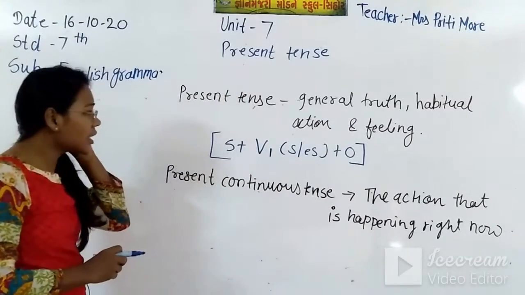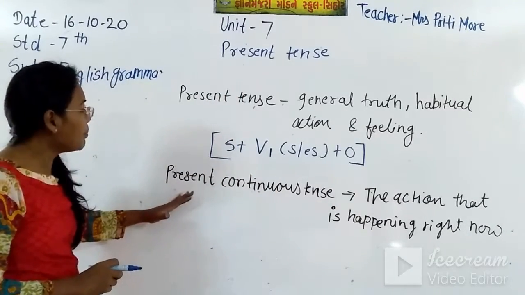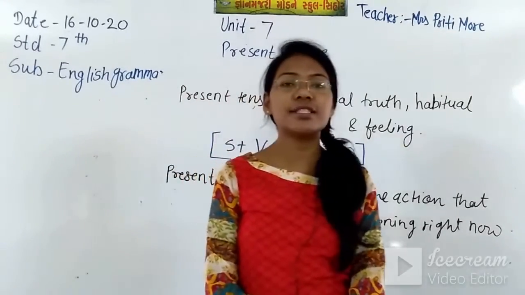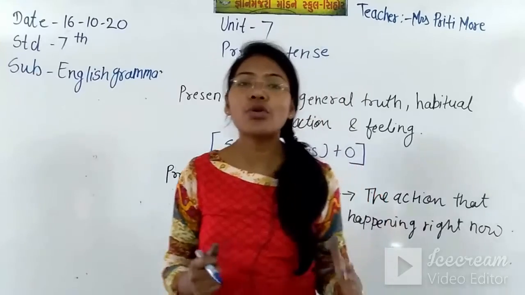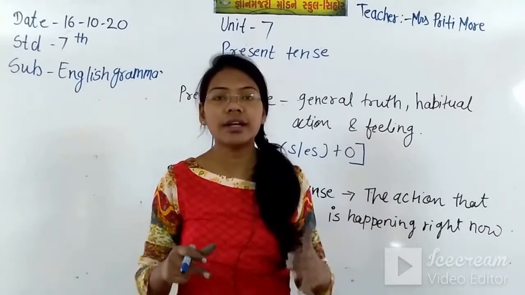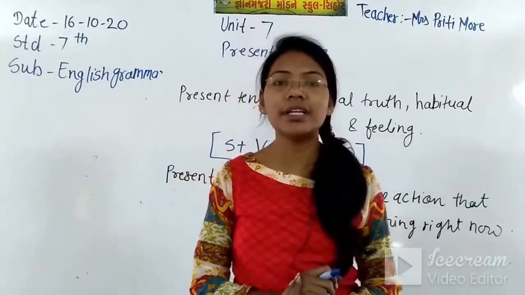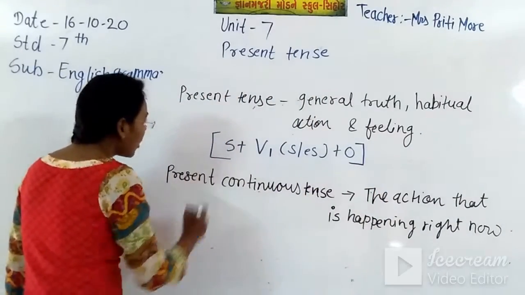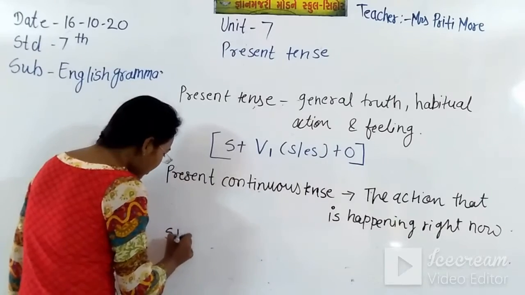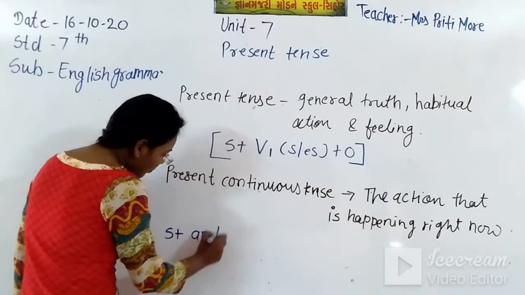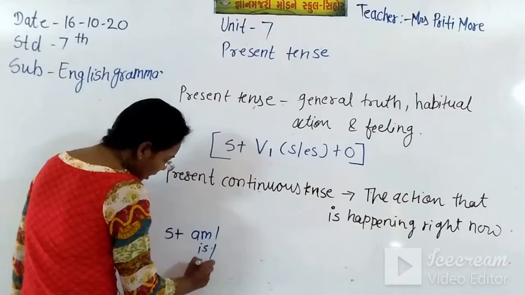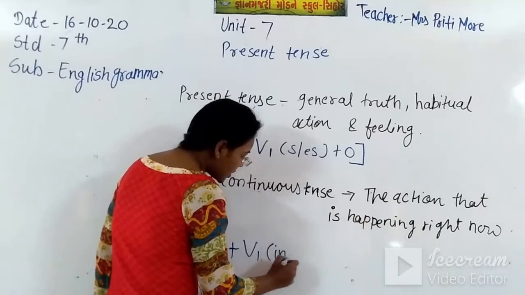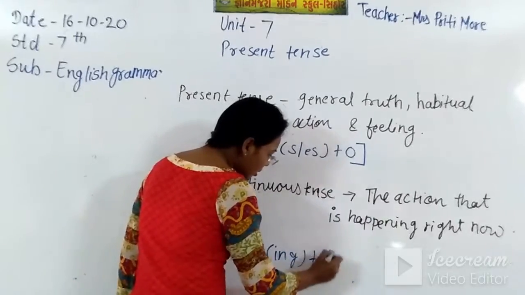Now again we have just seen the present continuous tense. We use present continuous tense to show the action is going on right now, the action is happening right now. And what formula did we learn? Subject plus am, is, are plus V1 plus ing plus object.